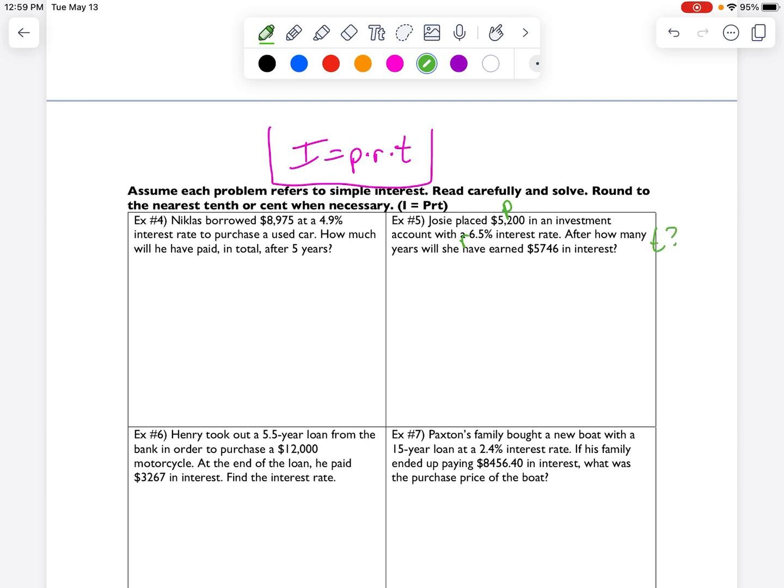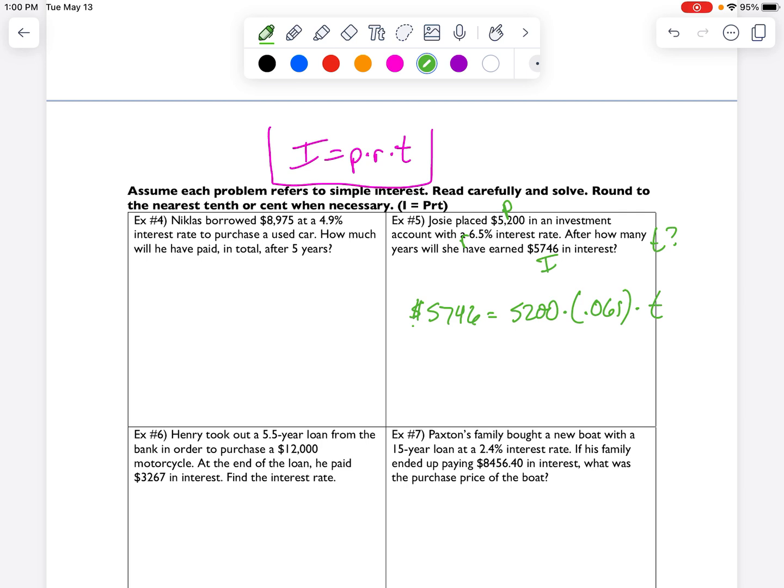So when I set up my problem, everything lines up in the same spot. But in this instance, I know how much interest there is, and I know that it's equal to the principal times the rate as a decimal times the time, which we don't know. So in this one, we're going to multiply 5,200 times 0.065, and I get 338T.